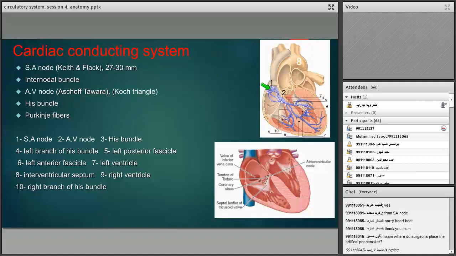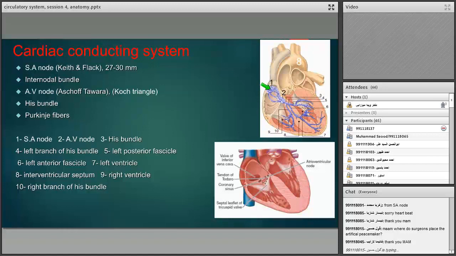If the SA node doesn't work properly, or for example something happens to the blood supply of the SA node, there would be some heart attacks or abnormalities in heartbeat.